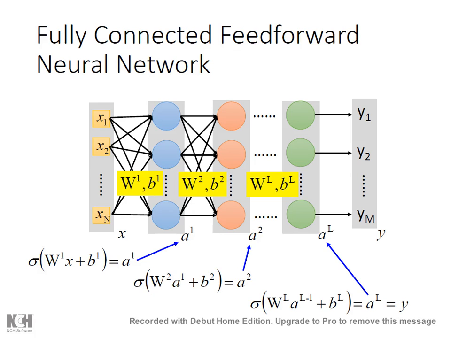Then the second layer's output will be the input to the third layer, until we reach the final output layer. So it's called feed-forward. You have to finish this layer of computation, then you can continue to advance to the next layer.